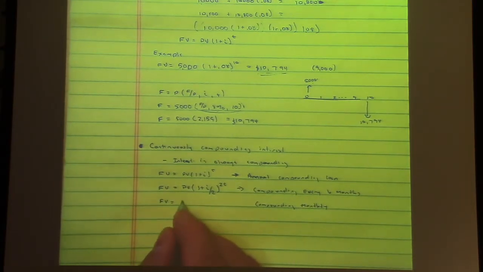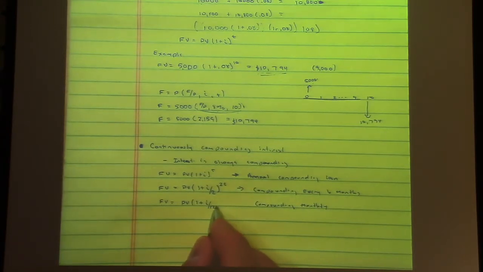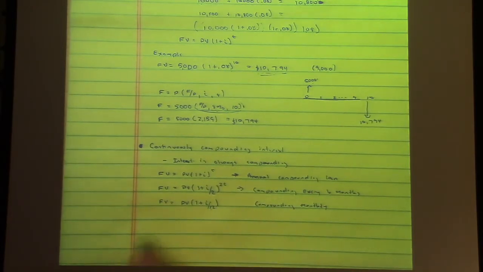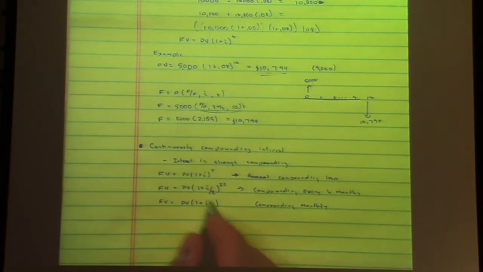In this case, we could say that our effective interest rate would be 1 plus i over 12, where this 12 corresponds with the number of payment periods per year. And in this case, we have 12 times the number of years that represents the term of this loan.